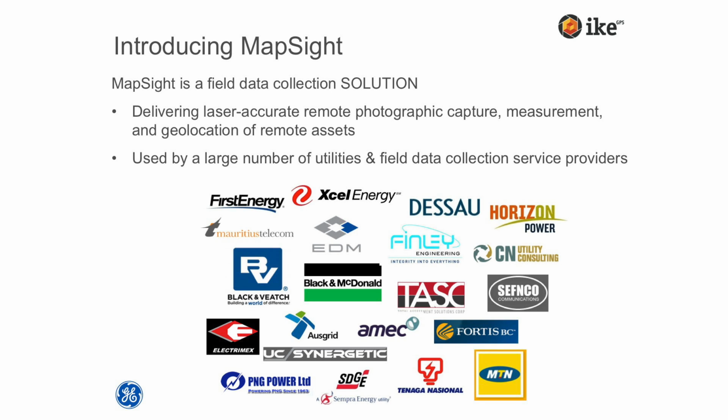So I'd like today to introduce you to the MapSight solution. It uniquely delivers laser accurate remote photograph capture and allows measurements on geolocated remote assets. This is just a few of the companies that have embraced our technology, everything from utilities to communications companies to service providers to engineering companies.